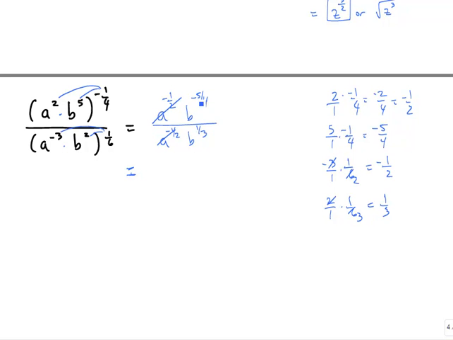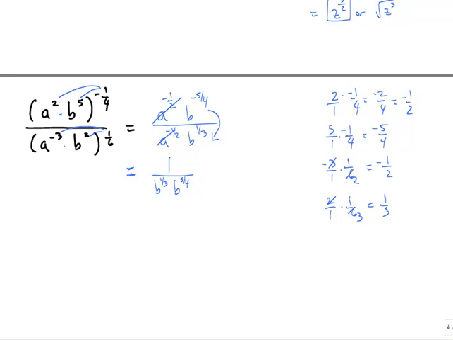Then in our next step, I do have a negative exponent on this b term, so that can flip down to the denominator. Since nothing's going to be left on top once I move that b, there's just going to be a factor of 1 left over, and that b to the 5/4 goes to the bottom, and it's going to join the b to the 1/3 that was already there.